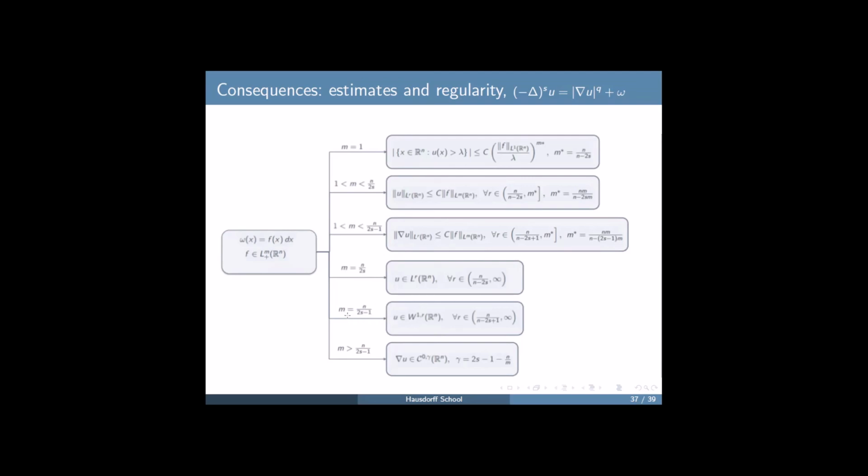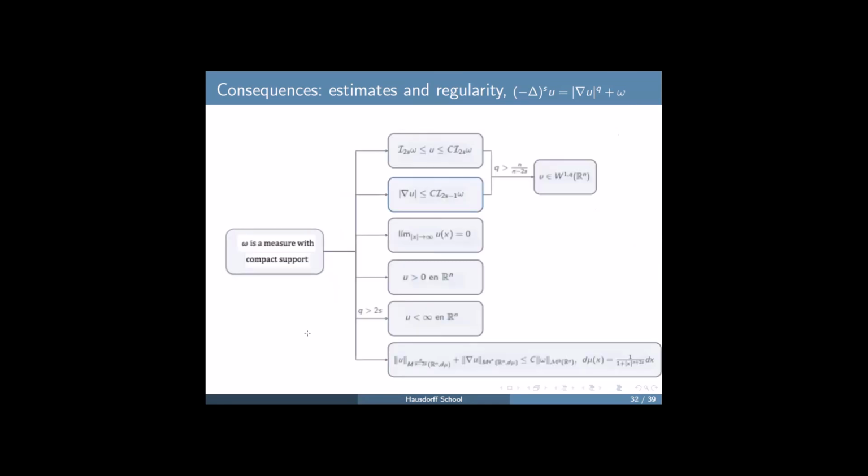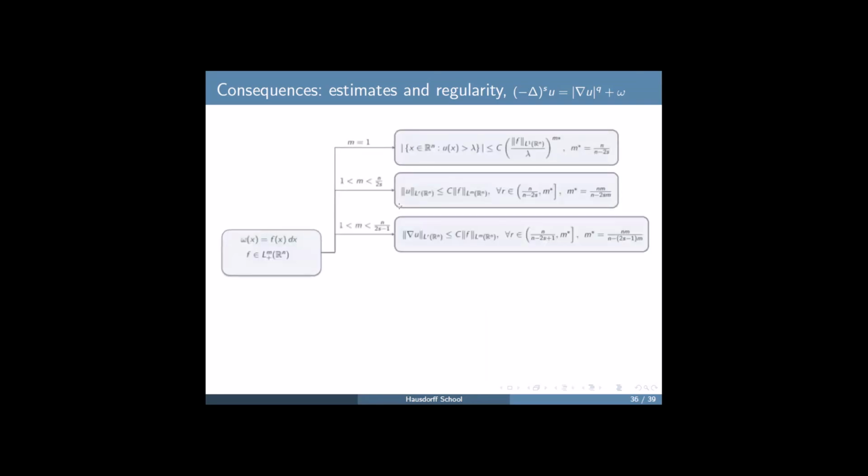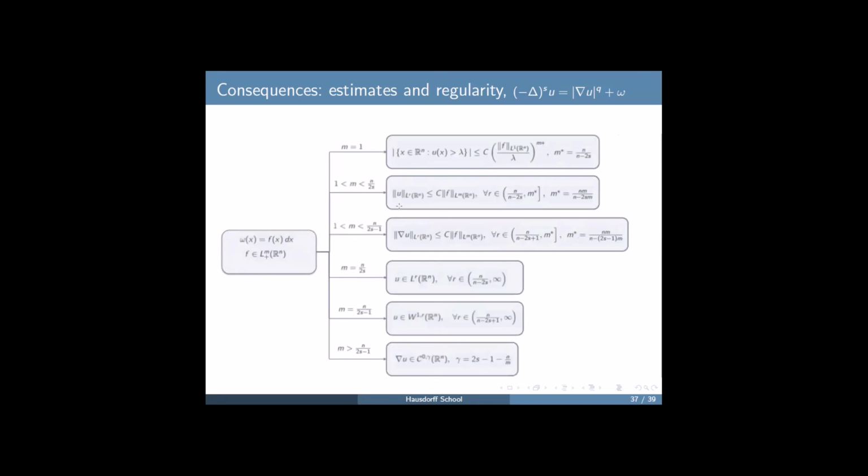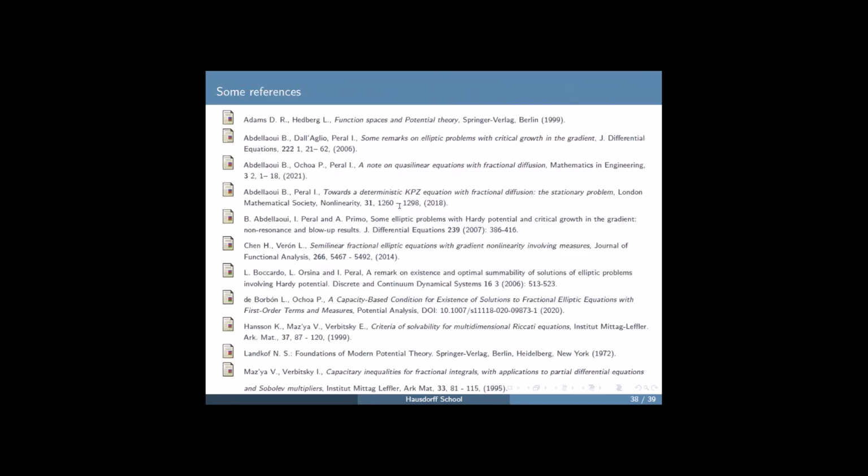And if m is greater than n over 2s minus 1, we get that the gradient of the solution is Hölder continuous in R^n. Again, these are consequences of this estimate here. Also, we have a representation for the gradient in terms of Riesz potentials, and they are also consequences of the regularity of the Riesz potential in the theory of potentials.